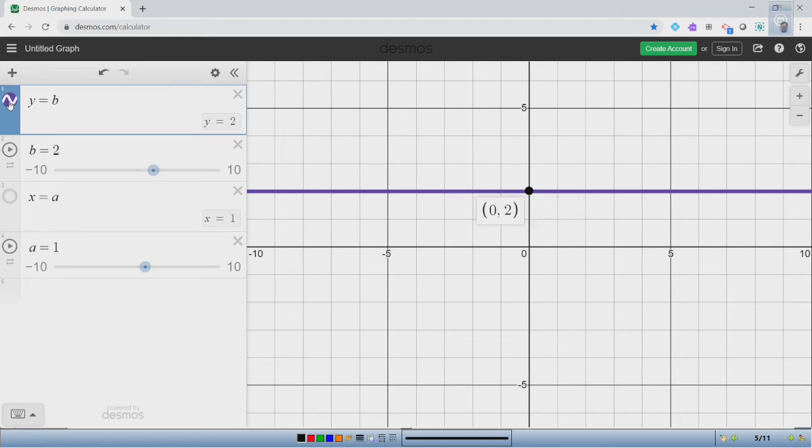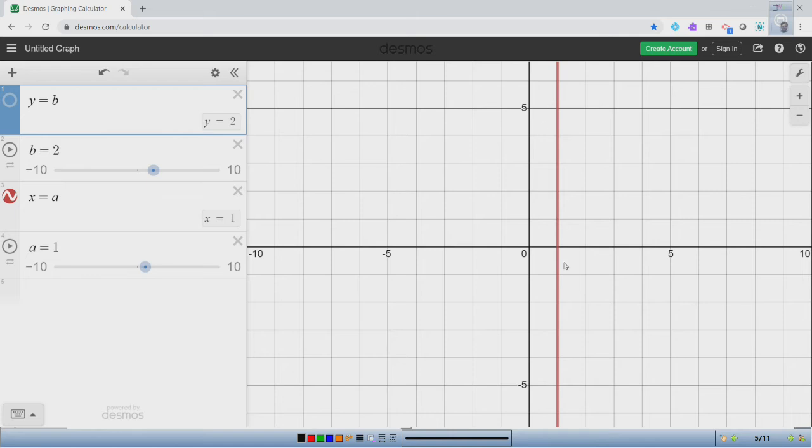Now, let's look at what a graph of x = a would look like. I'm going to highlight that. Right away it pops up a vertical line. So a right now is at 1. I'm going to focus on the x-intercept, which is where this line crosses the x-axis. It crosses at 1.